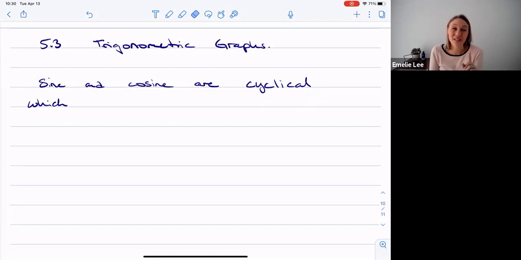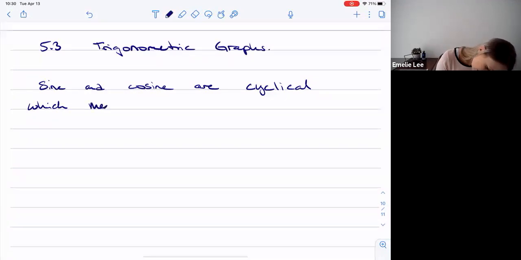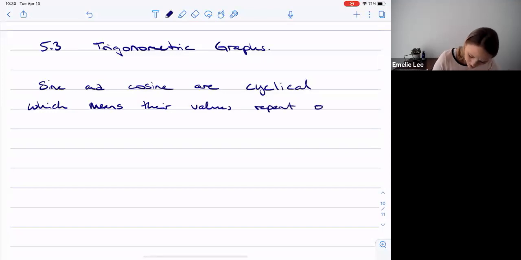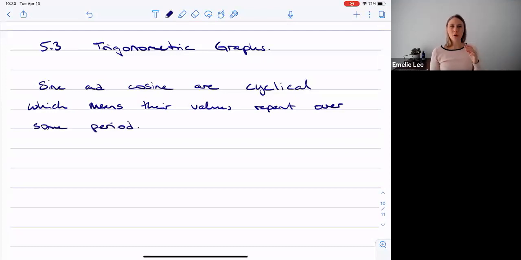So sine and cosine are cyclical, which means that they repeat over some period, which means their values repeat over some period. So in the case of the unit circle, they repeat themselves every distance of 2 pi.